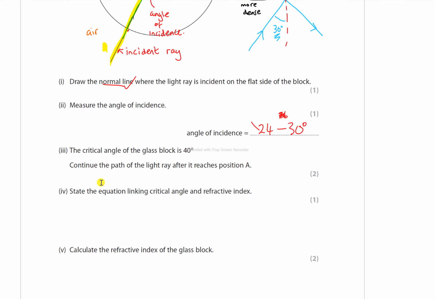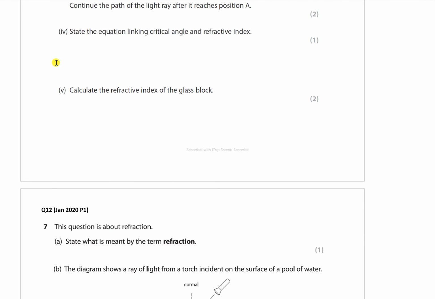State the equation linking critical angle. Again, this comes up so much, you've just got to learn it. n is the refractive index, critical angle is C. Calculate the refractive index of the glass block.